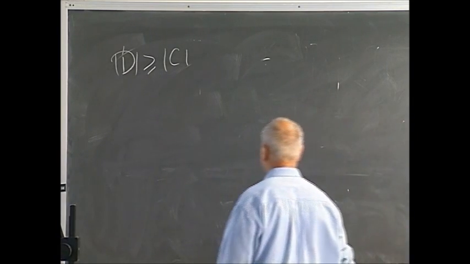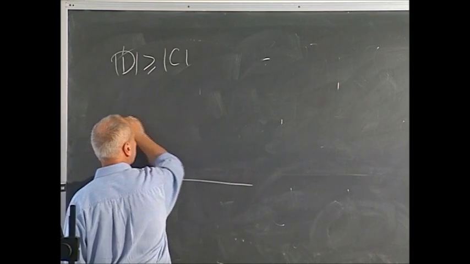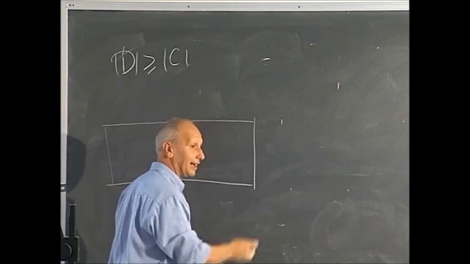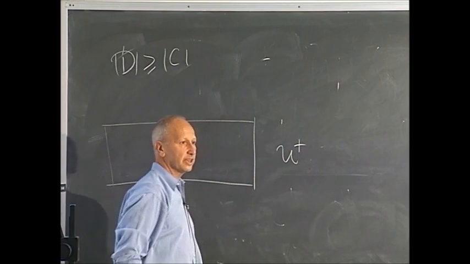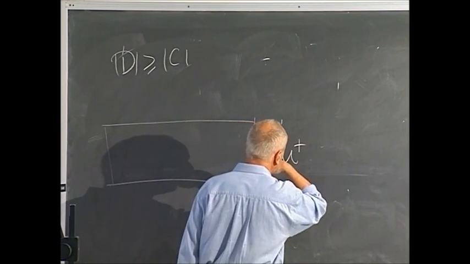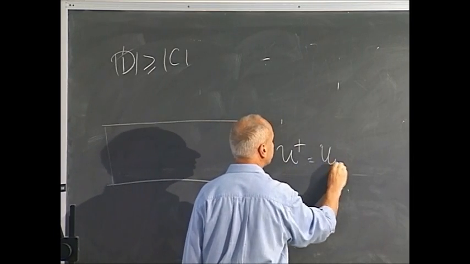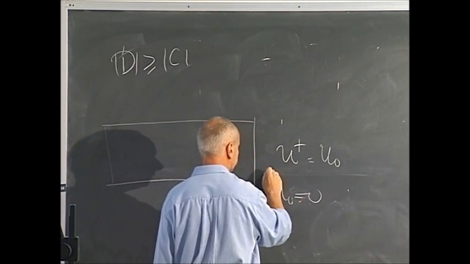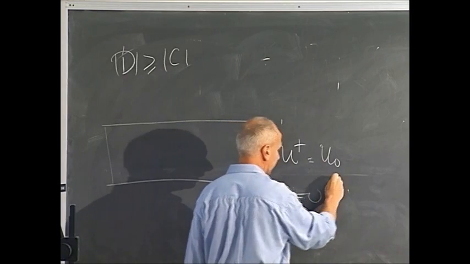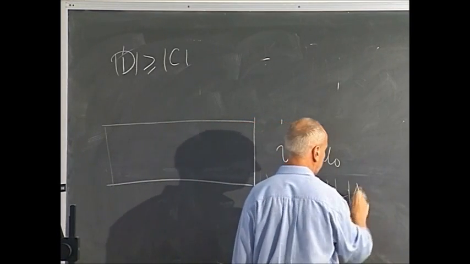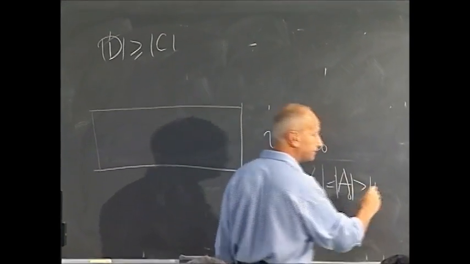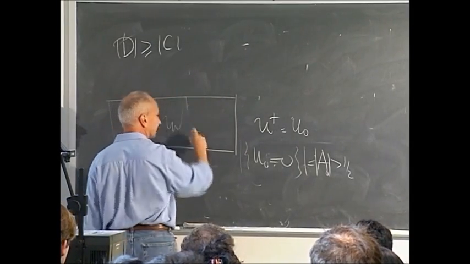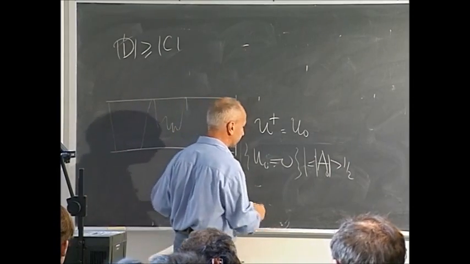So I start with U plus, and the measure of the set where, let's call it U0, is equal to 0 is A0, which is bigger than 1/2, intersection the ball of radius 3/4.